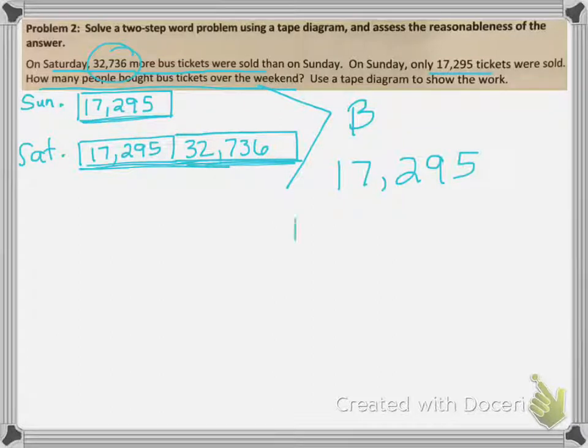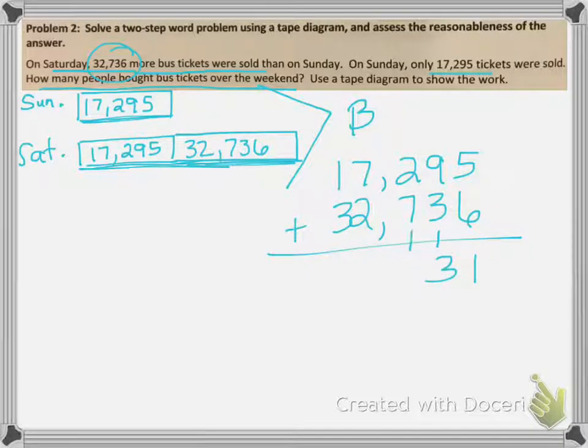17,295 plus 32,736. Okay, 5 plus 6 equals 11. Regroup the 1. 9 plus 3 equals 12. Plus 1 equals 13. Regroup the 1. Cross that 1 off since I'm done with it. 2 plus 7 equals 9. Plus 1 equals 10.